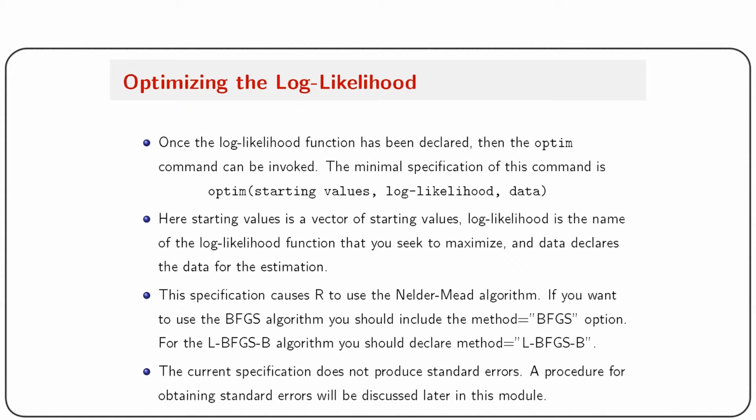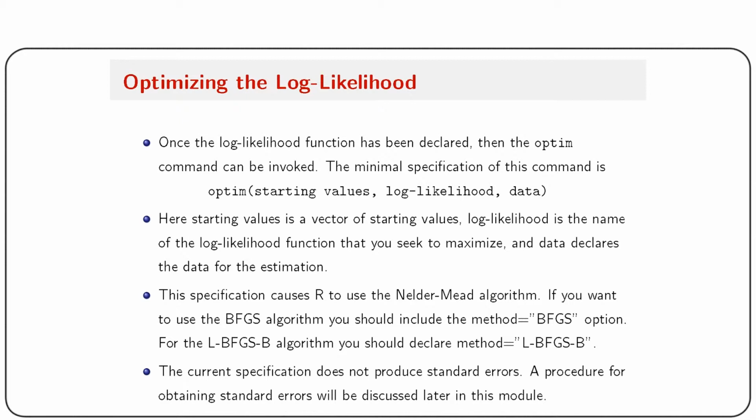Now, optimization using the optim function. Once the likelihood function has been declared, the optim command can be invoked. The minimal specification of this command is optim, then starting values, log likelihood, and data. Here the starting value is a vector of starting values, log likelihood is the name of the log likelihood function that you seek to maximize, and data declares the data for the estimation.